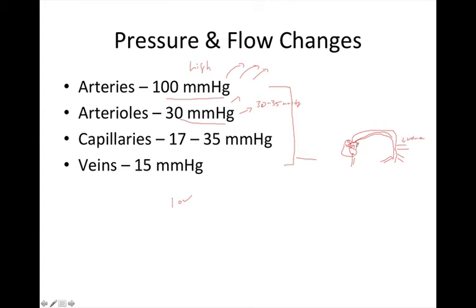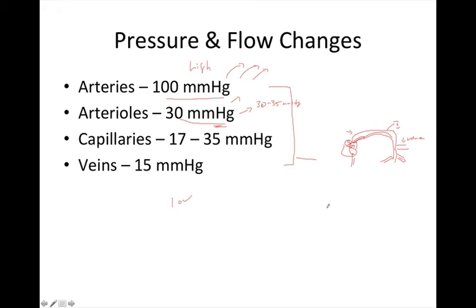Therefore, that's going to create a lower pressure. Plus, just in terms of distance, we're getting further away from the left ventricle of the heart, thus further away from the source of pressure. So that's why pressure is a lot higher closer to the heart, because of a greater volume. As we disperse these vessels out, further away from the heart, less volume, lower pressure.